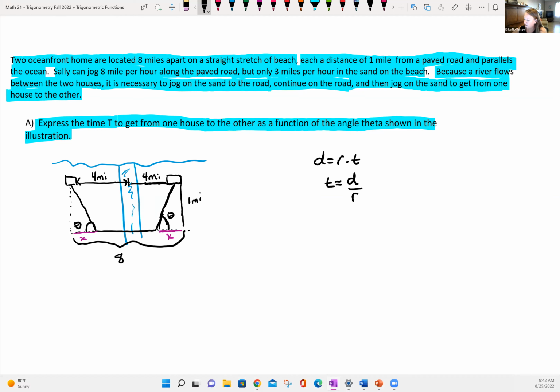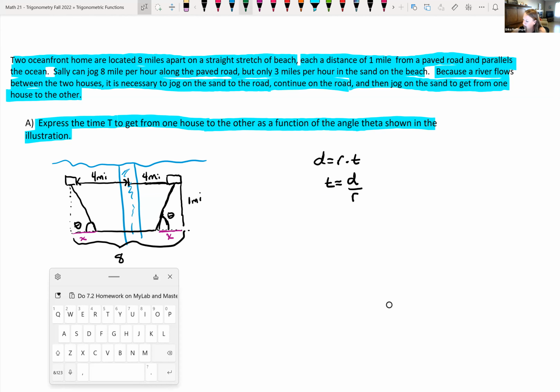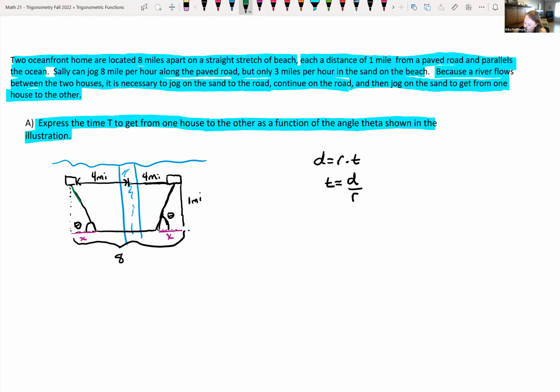Let's look at this piece right here. This is the hypotenuse, and she will be running on the hypotenuse of those triangles. We are trying to figure out what that distance is, so maybe let's just call that C.